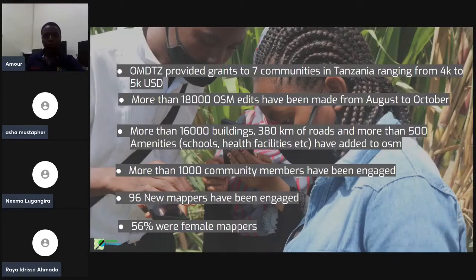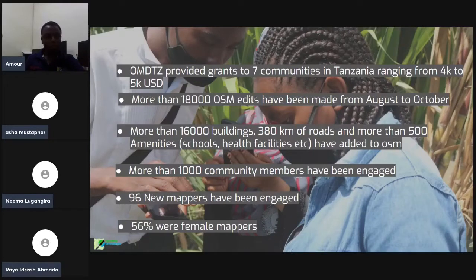We have one who is dealing with malnutrition. We'll hear from her later. They have engaged more than 900 community members living in areas vulnerable to malnutrition.